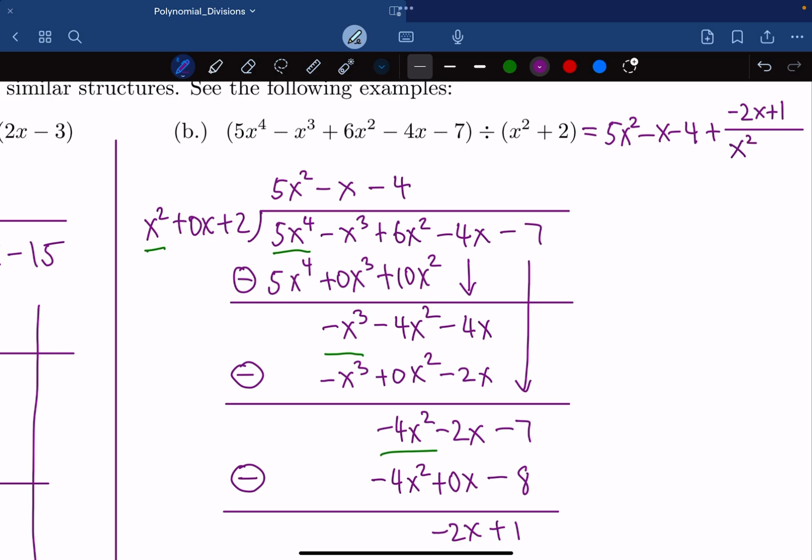So x squared plus 2. Again, that right there is simply the divisor of the original problem. So that is how you want to write the remainder part for a long division, or really for any sort of polynomial division.